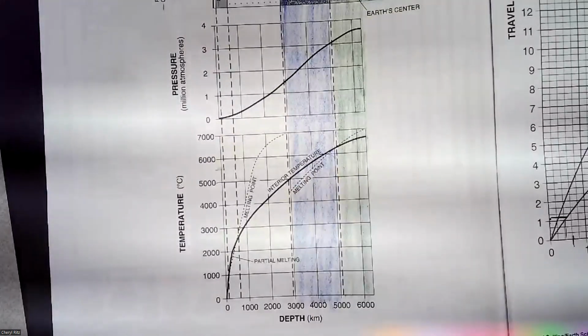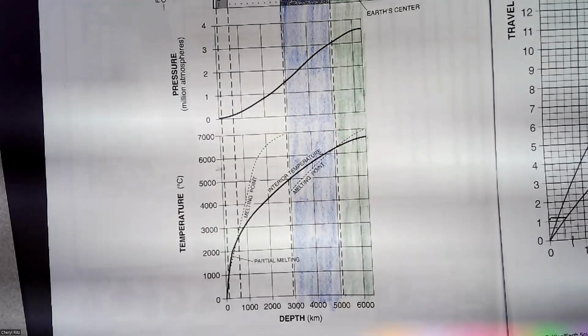Now, the actual temperature is higher than the melting point. So in this case, it's not like today, and it wouldn't be snowing, it would be raining. It's hotter than the melting point. So that means the rock has melted, and this is a liquid layer.